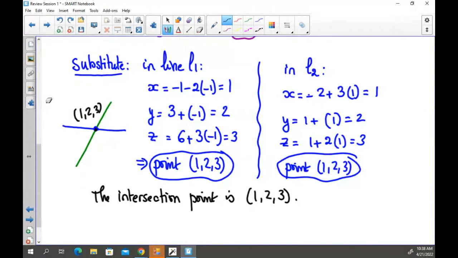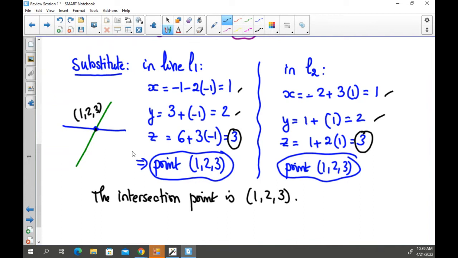How will you know? How will you know by these calculations that there is no intersection point? Yes, the values of z. Because we solved the equations using x and y, these two values actually will be the same, but the z may be different.